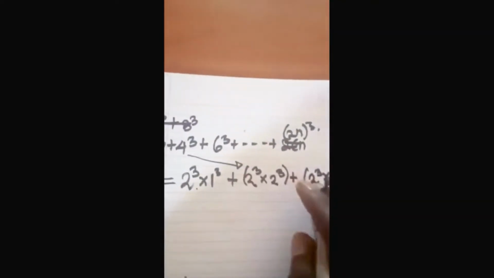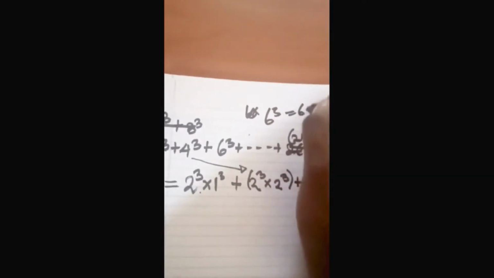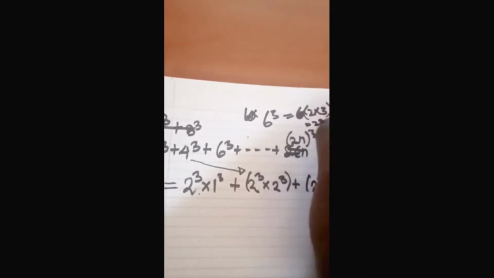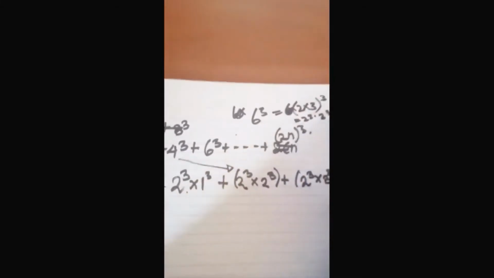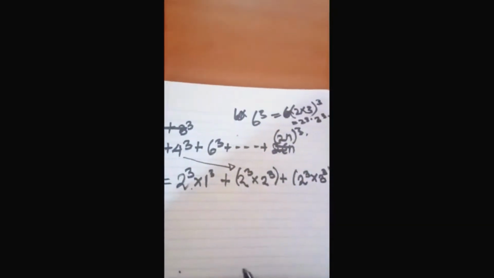These are indices. It's like 6 to power 3 being written as 2 times 3, then power 3. It is what I'm doing. I'm trying to see that one of my formulas should come.